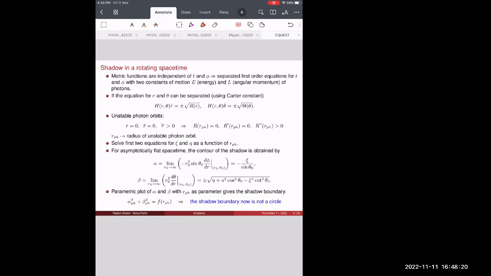So in an axially symmetric rotating space-time, generally the metric functions are independent of t and phi.